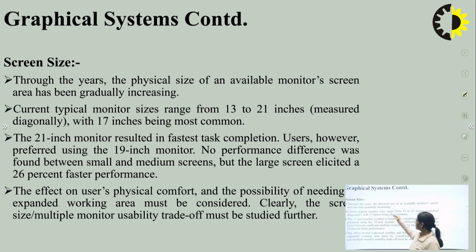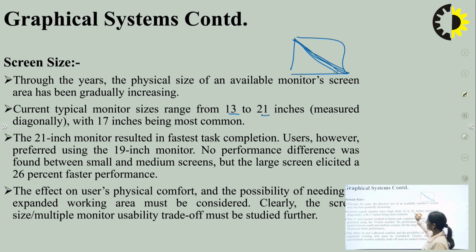Current typical monitor sizes range from 13 to 21 inches measured diagonally, with 17 inches being most common. This is the monitor size, designed according to the diagonal range, and the standard size we are using is 17 inches.